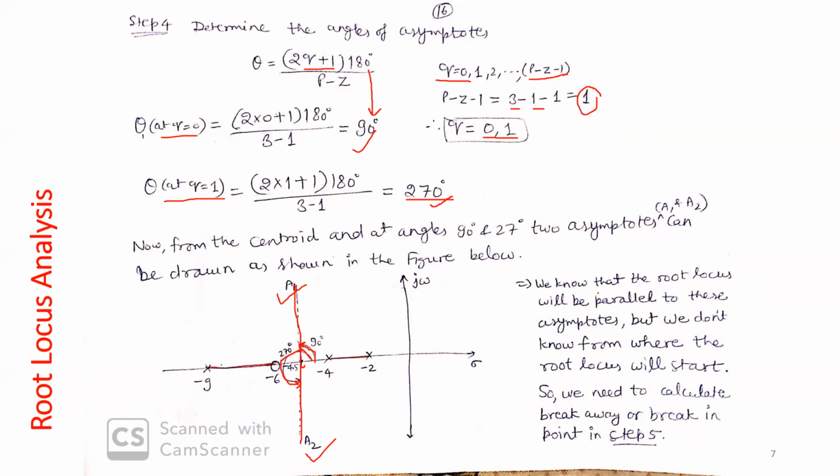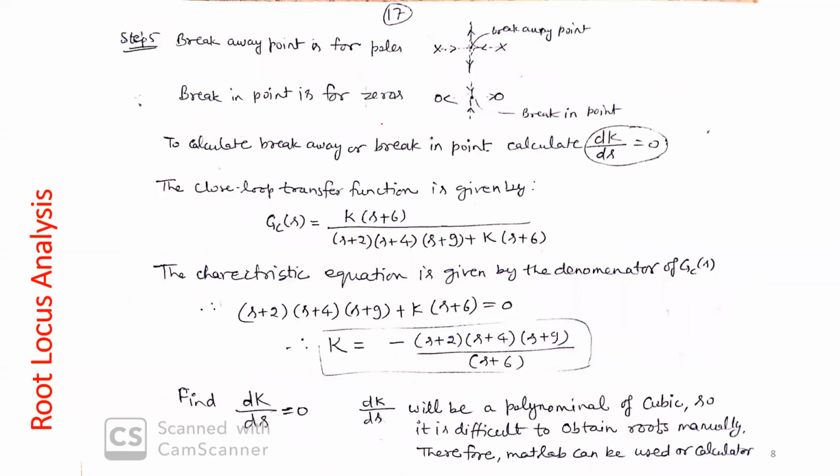Now we know that the root locus will be parallel to these asymptotes. Always the root locus will be parallel to A1 and A2, but we don't know from where the root locus will start. So we need to calculate the breakaway and break-in points in step 5. The breakaway point is for poles actually.